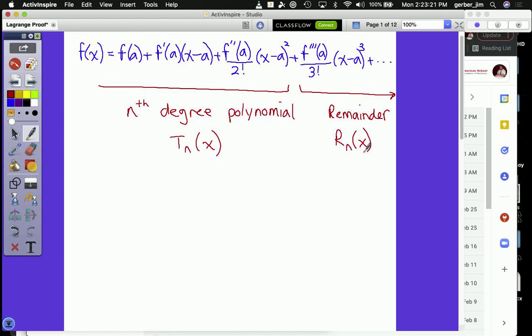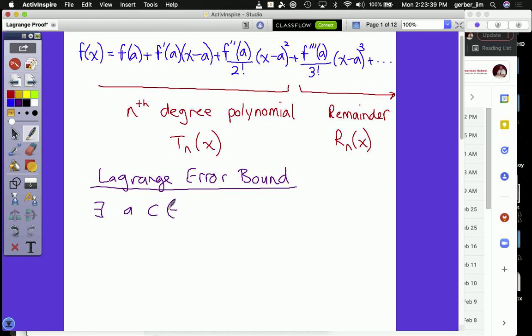Now, remember what the Lagrange error bound says. It basically says that there exists a value c somewhere on the closed interval from a to x, where a is where my polynomial is centered, and x is the point I'm trying to approximate.